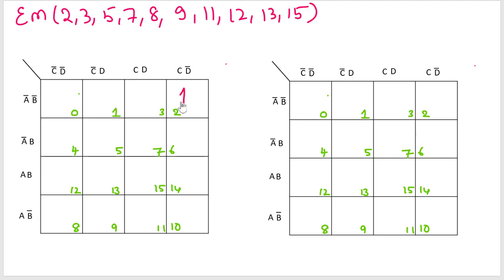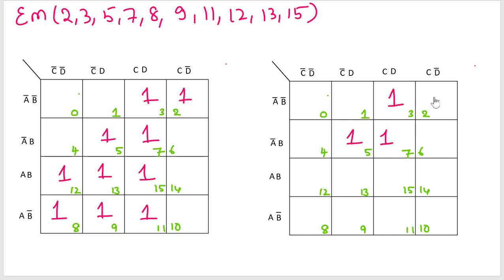That means 2, 3, 5, 7, 8, 9, 11, 12, 13 and 15. Now you fill all the minterms. Same you will fill here 5, 7, 2, 3, 12, 13, 15, 8, 9 and 11.